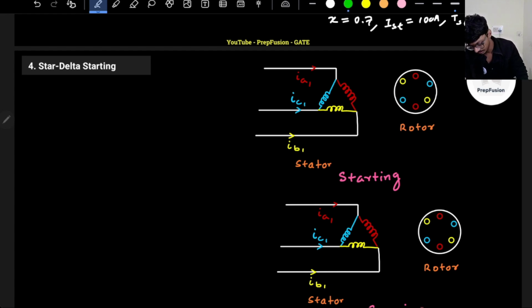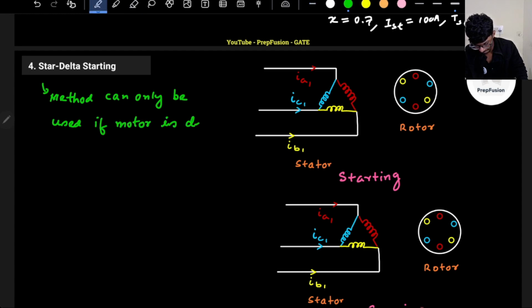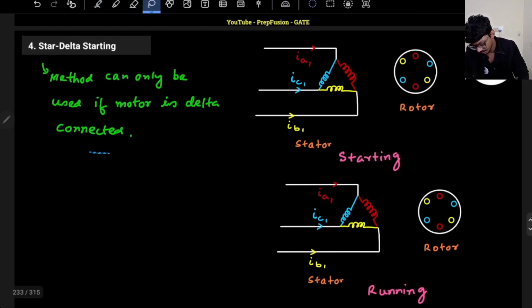Okay, so I will write here: method can only be used if motor is delta connected.